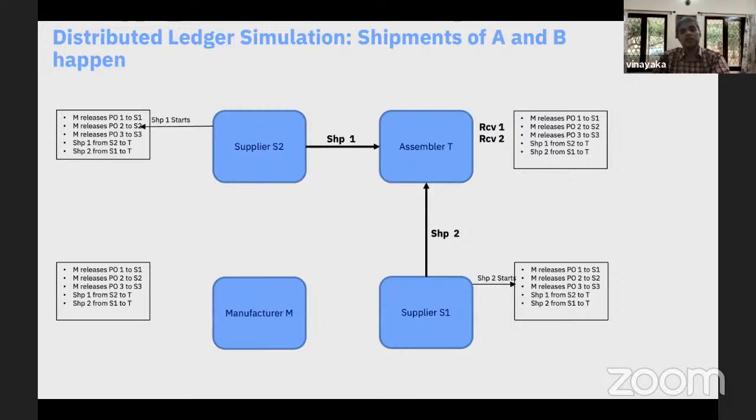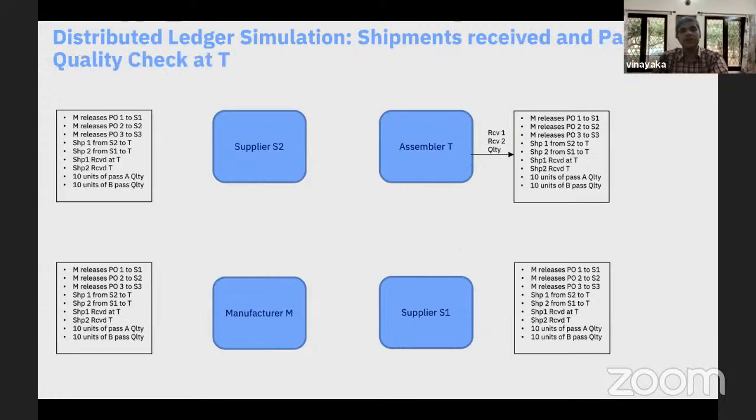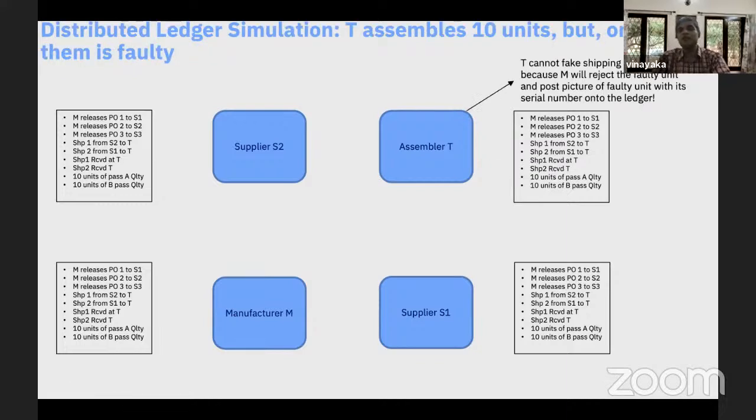Then supplier 1 and supplier 2 start their shipment, and that also gets recorded on the ledger, right? And now clearly, let's say the assembler also has done this. So the assembler has said that, okay, I have received these 10 units, right? Now let's say the assembler actually faces an issue where one of them is faulty, right?